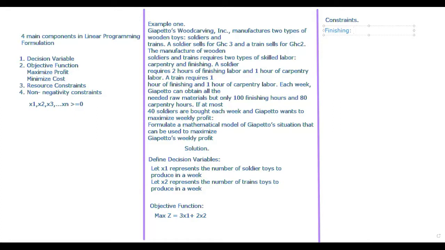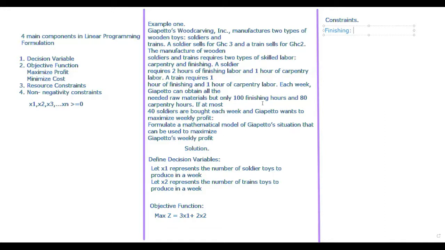Finishing. So for the finishing, they are saying that a soldier requires 2 hours of finishing labor and 1 hour of carpentry labor. So a soldier requires 2 hours of what? Finishing labor and 1 hour of what? Carpentry labor. A train requires 1 hour of finishing.